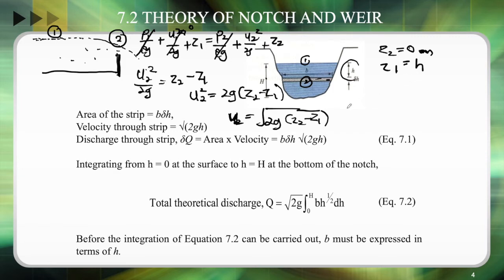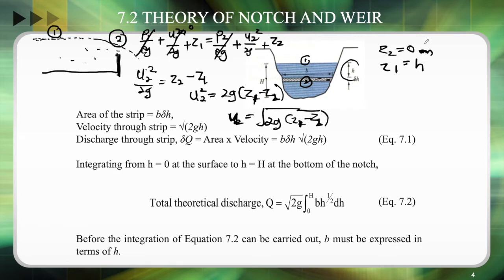Then we have to substitute into this equation. Sorry, no, I rearranged in the wrong direction. This one is Z1 minus Z2, because Z1 is here and Z2 will be moved to this side. It should be Z1 minus Z2. I'm really sorry.